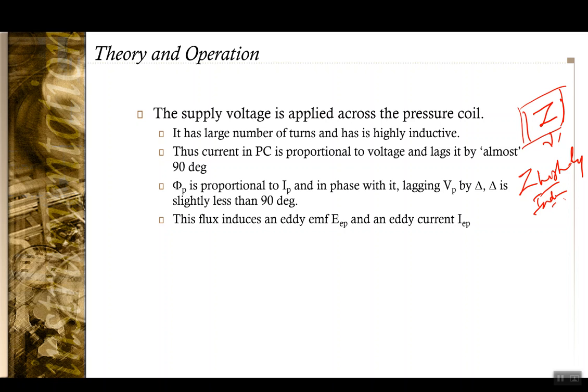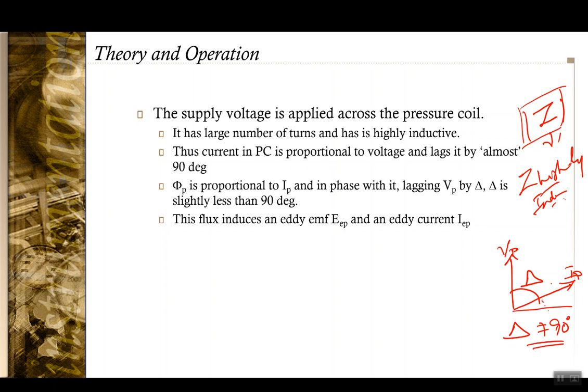Now regardless of whatever may be the impedance, it cannot be a purely inductive circuit. So what would happen is that the current in the pressure coil would lag the voltage in the pressure coil. So IP would lag VP by a large angle delta, but delta is not equal to 90 degrees. So it cannot lag by exactly 90 degrees. It will be slightly less than 90 degrees.